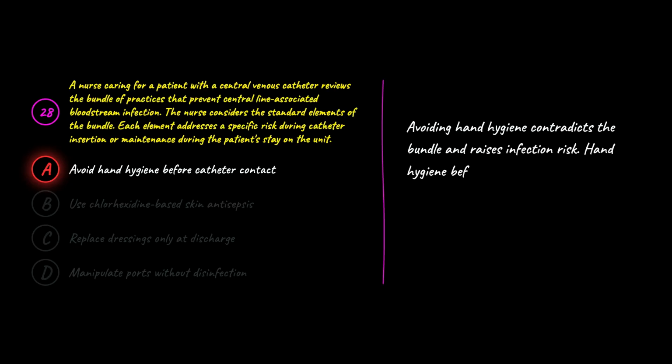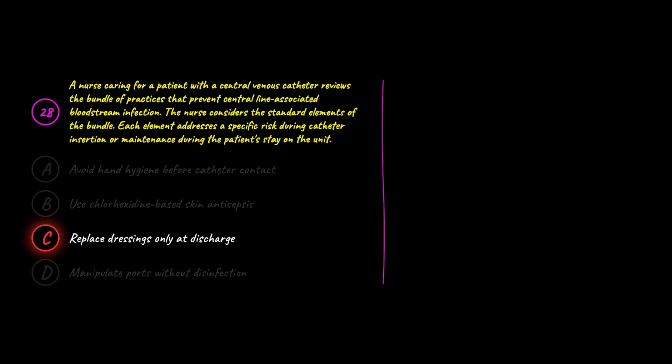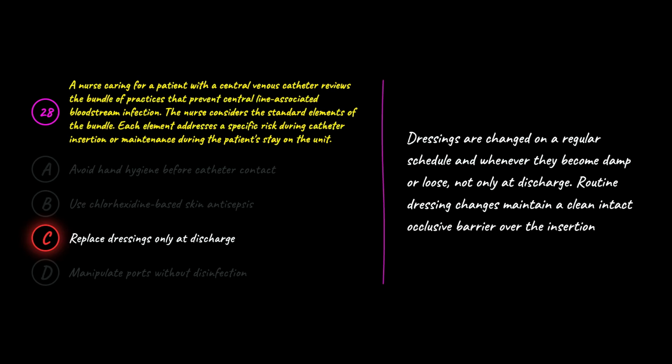Hand hygiene before any catheter contact is one of the most important elements of central line care and is required every time. C is wrong because dressings are changed on a regular schedule and whenever they become damp or loose, not only at discharge. Routine dressing changes maintain a clean, intact, occlusive barrier over the insertion site for protection.